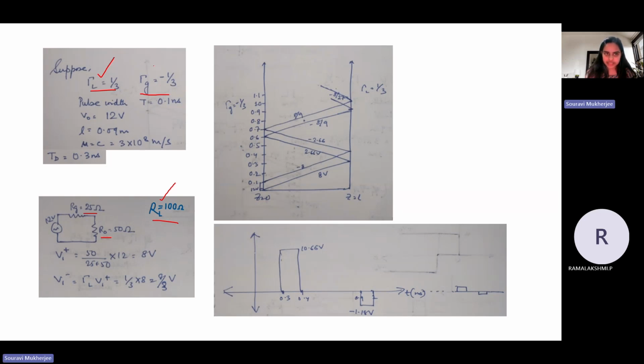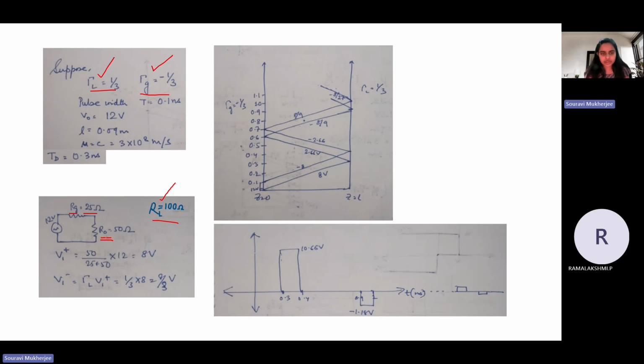So if these three values, tau G, tau L and RL, are given, you can find R naught and RG. RG is the impedance at the source end, R naught is the characteristic impedance of your transmission line. Once you have calculated that, this is the typical value that would come out. If you have any doubt about how we are getting to this point, please stop me and ask.